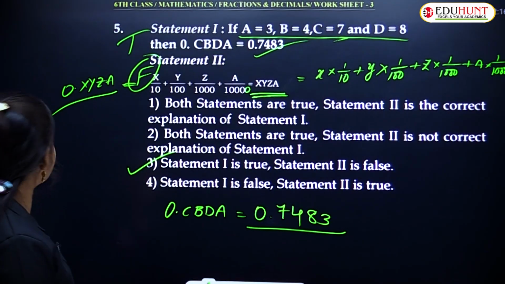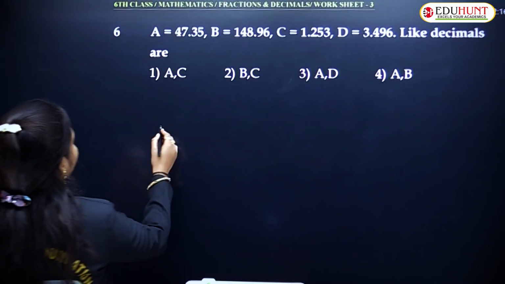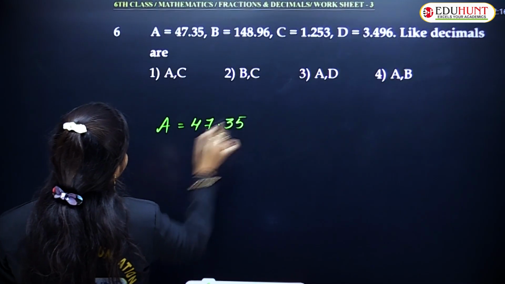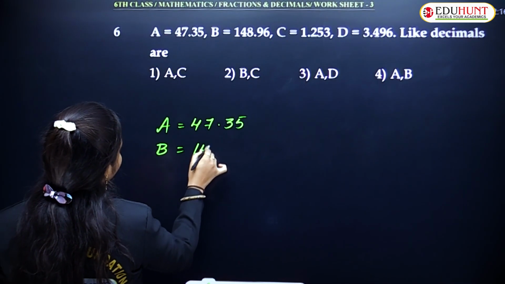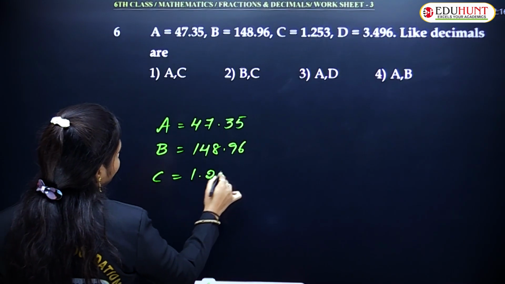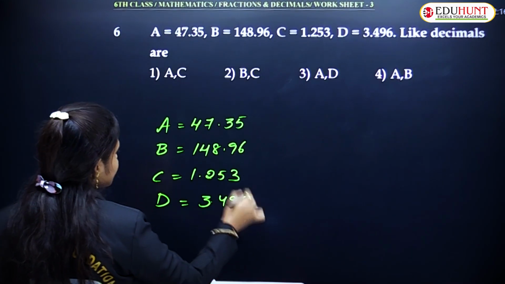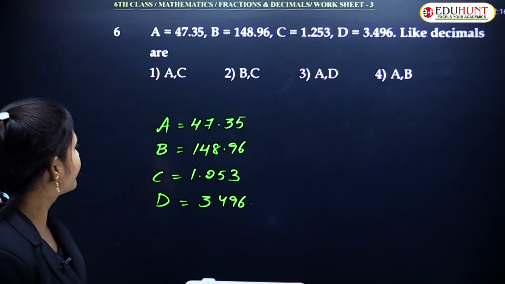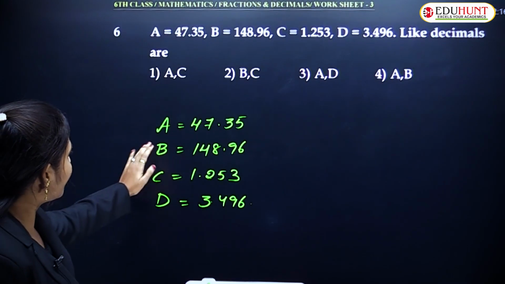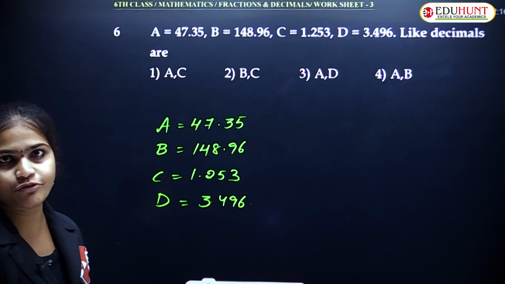Understand? Yes. Next, sixth one, see here, if A is equal to 47.35, B is equal to 148.96, C is equal to 1.253, D is equal to 3.496.